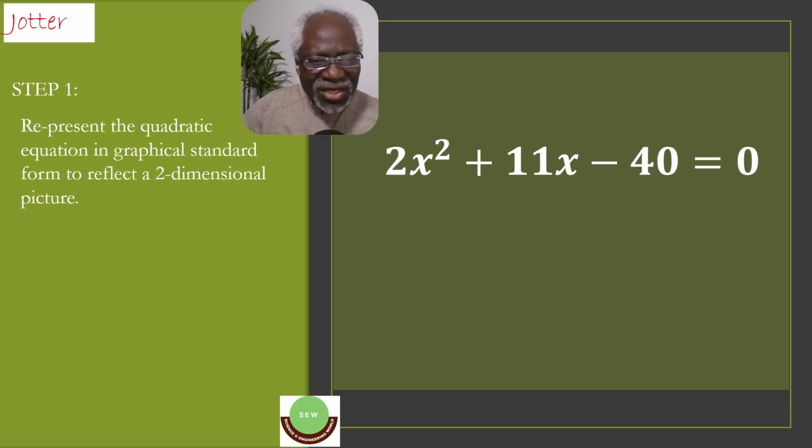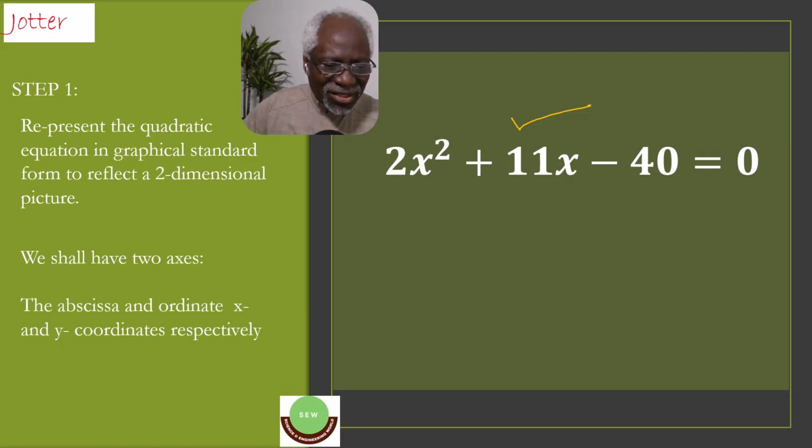Step 1 says we should represent this quadratic equation in graphical standard format, and this will enable us to present the equation in a two-dimensional picture as we have seen above. We now need two axes, the x-axis, which is the abscissa, which is always horizontal, and the y-axis, which is vertical, going up.